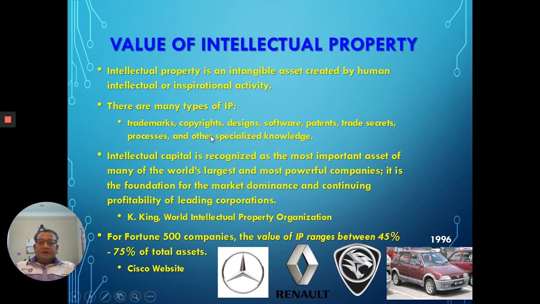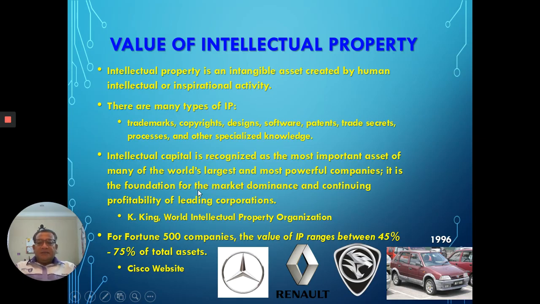So there are many types of IP, intellectual property. It can be translated into trademarks, copyright, design, software, patent, trade secret, formula, industrial recipe, and so on. Those are considered intellectual property. Intellectual property carries very big value for many companies.